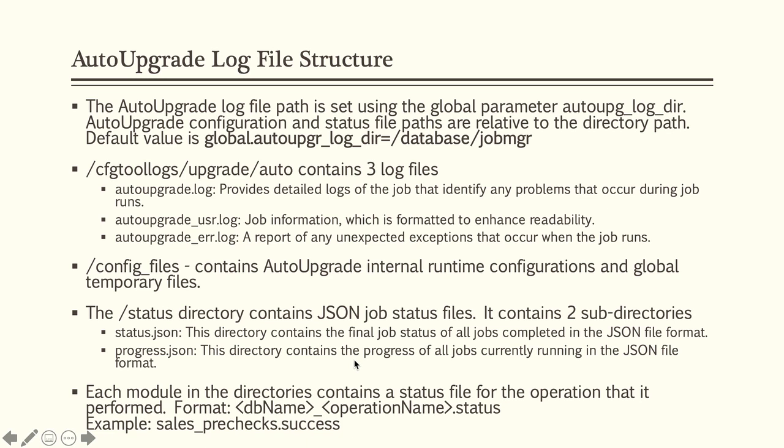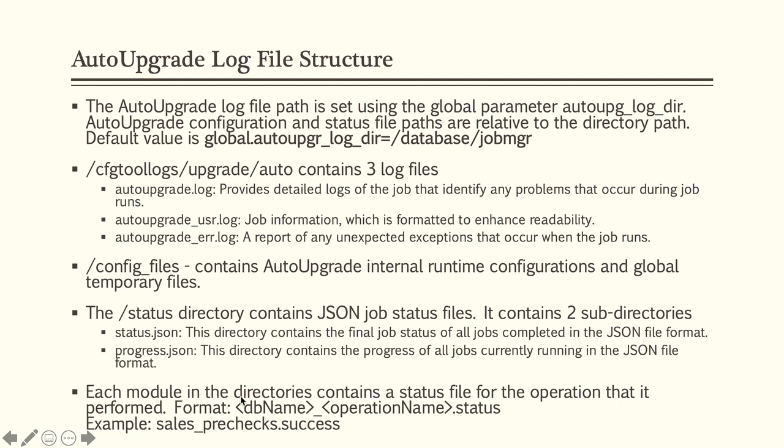Now somebody said, but where can I see database specific logs? Because in my config file I have 4 databases to be upgraded. I said in the global log directory, it will create a subfolder with the name of the DB. So if you are upgrading 4 databases in one go, then under this one you will have one folder for the first database, another one for the second database, and so on and so forth.